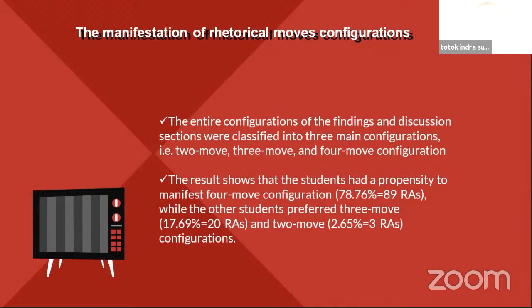in 78.76%, or a total of 89 research articles. So 89 research articles use the 4 move configuration, the total move, ideal. While the other students prefer to use only 3 moves, 17.69% or 20 research articles.